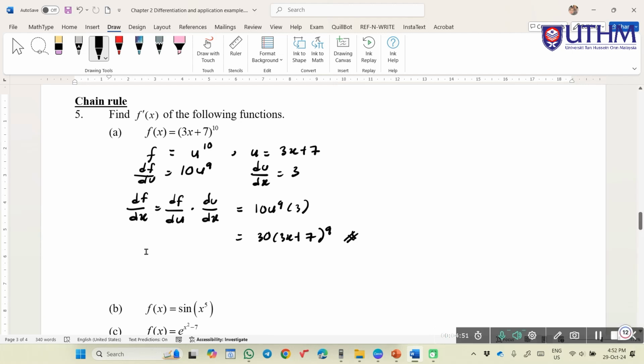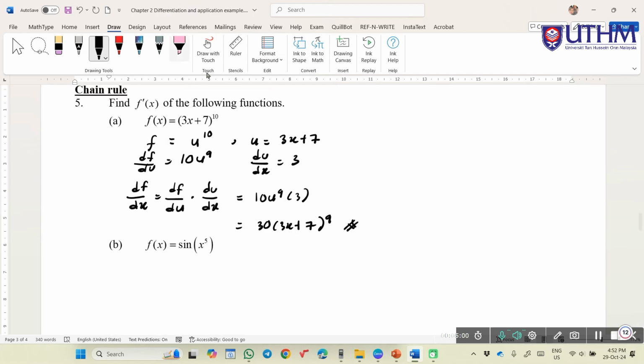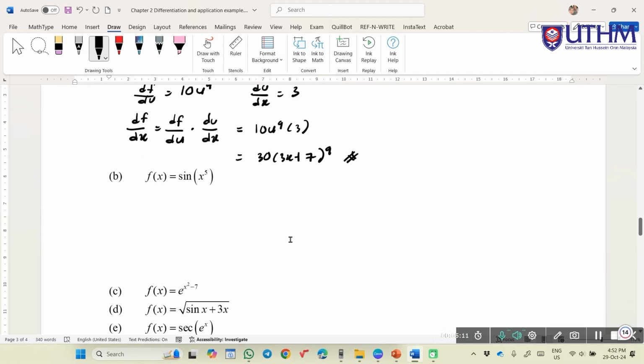That one is more basic, because I want you to understand the chain rule first, the formula and how to use it, before we consider more difficult functions. For the next example, be careful because we need to choose our u wisely.